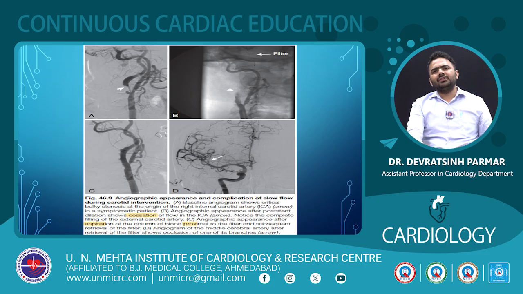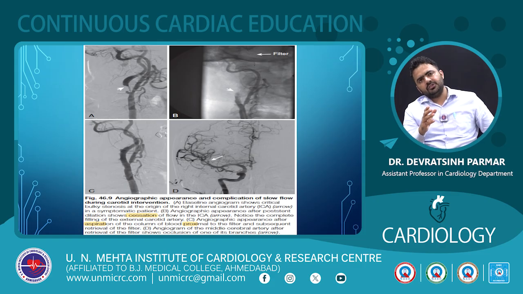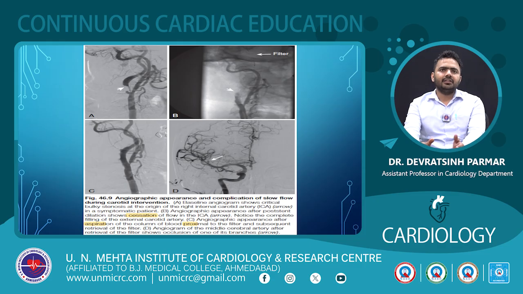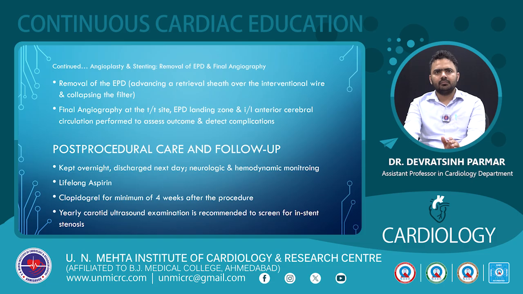The first image is an angiographic image where you identify a significant lesion in the ICA. Then you put a filter, do balloon dilation and then stenting. Once you have done the stenting, remove the embolic protection device and get the final image of the carotid arteries.